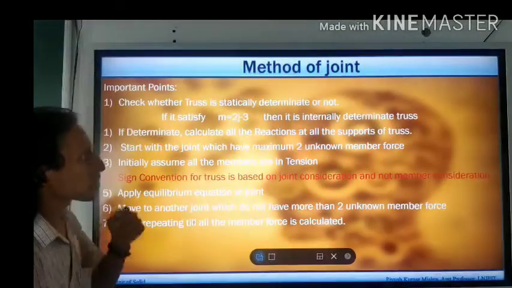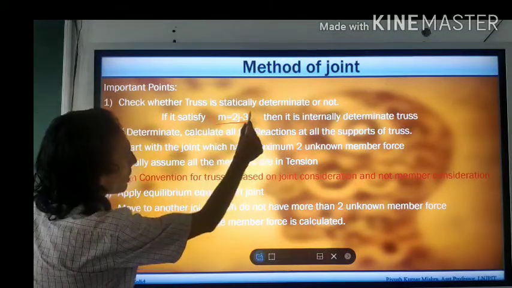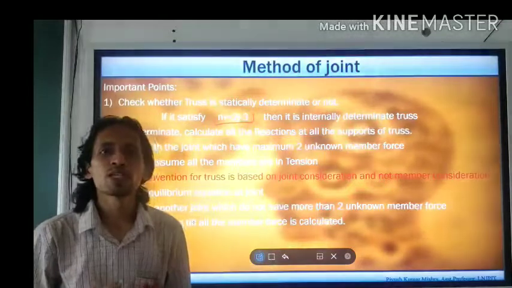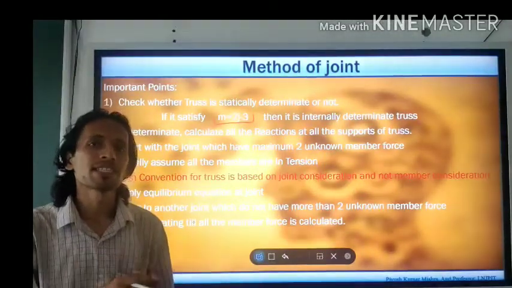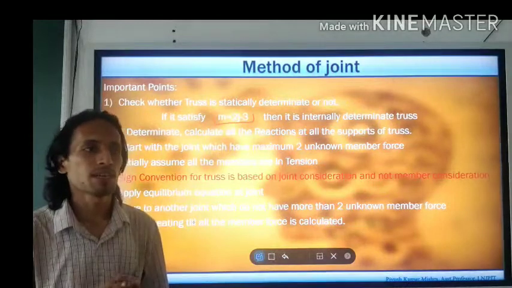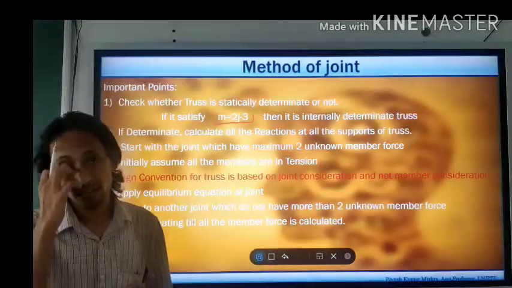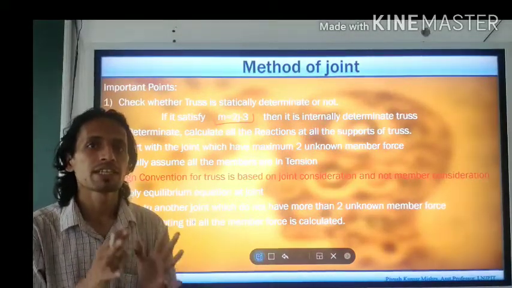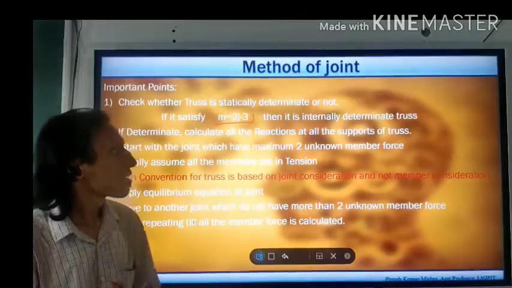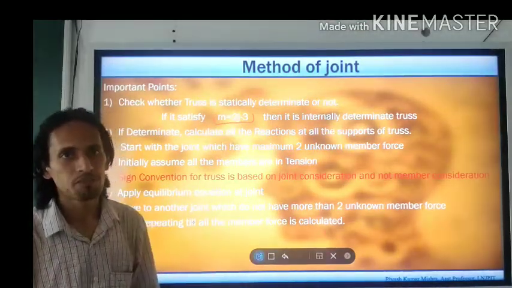For now, you can use this condition: if m is equal to 2j minus 3, and this equation is satisfied for a given question, then the truss is statically internally determinate. So if this condition is satisfied, we can move ahead.